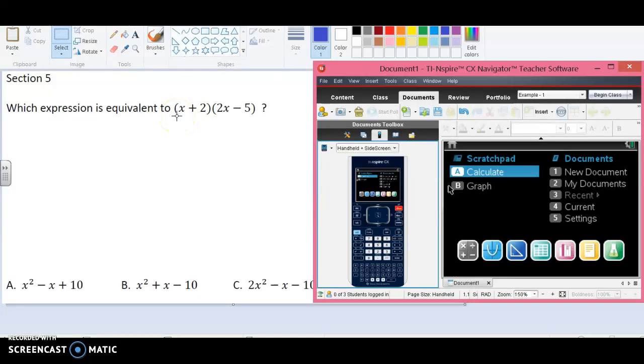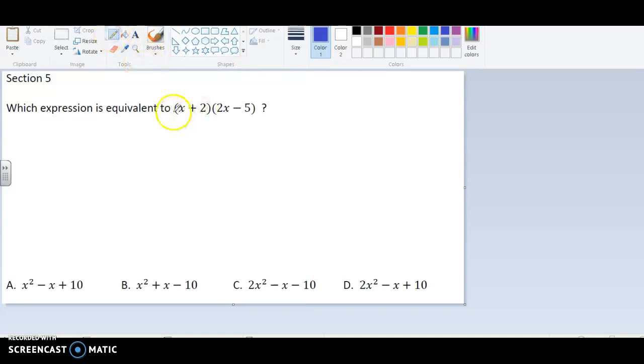So basically pretend, if you will, like this entire set of parentheses has to be distributed to this entire set of parentheses. Okay, because it's not just like a number or a symbol, it's an entire set of parentheses. That means we have to multiply all of this by all of this.